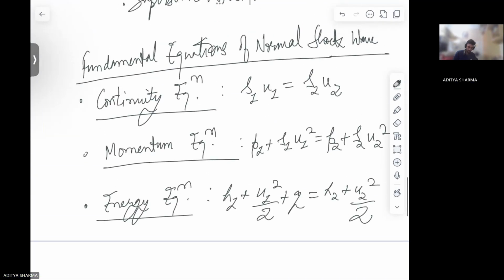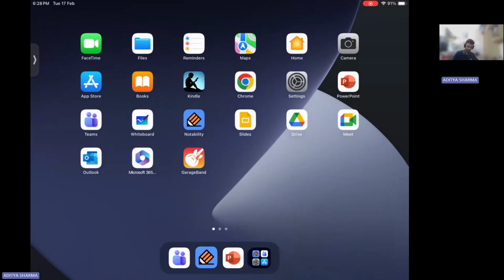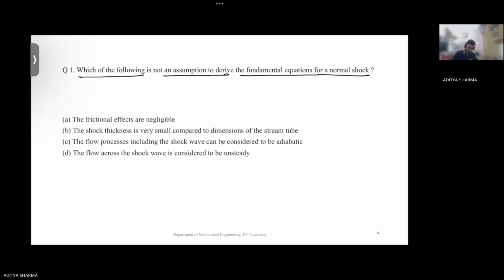So, basically, these fundamental equations are applicable only with some assumptions. Okay. Now, what are these assumptions? So, the question is directing us to that. So, four options are there.